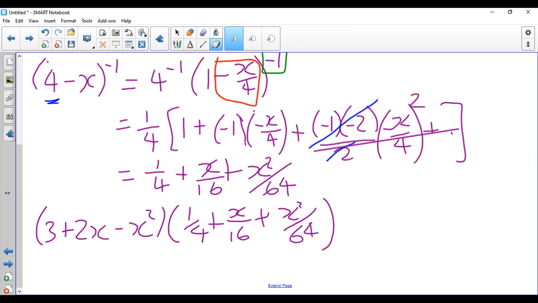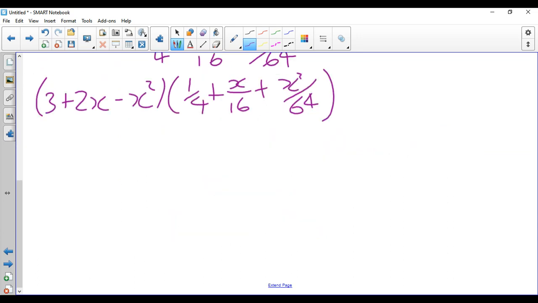Right, when I multiply this out, I am not going to write down anything higher than x squared. To make my life easier, I am going to do it on separate lines and stagger it. So let's start with 3.